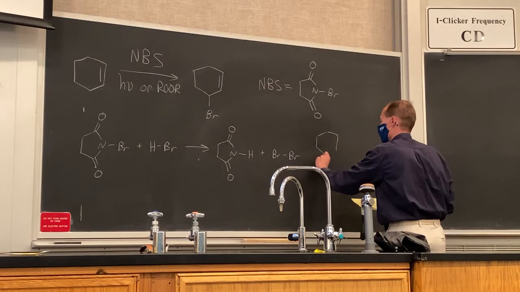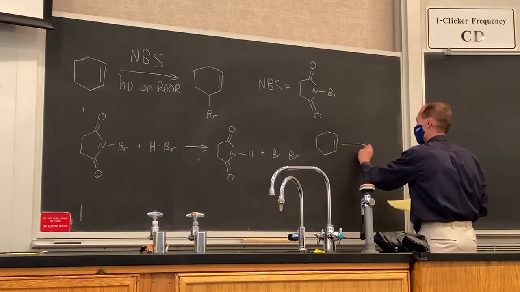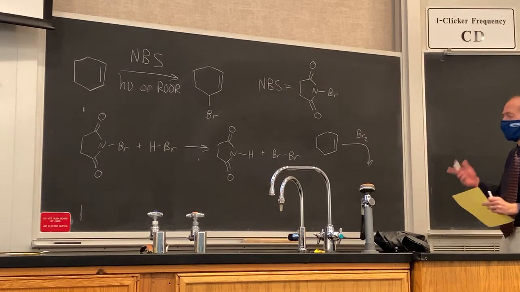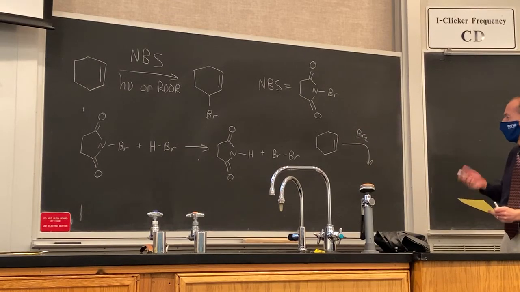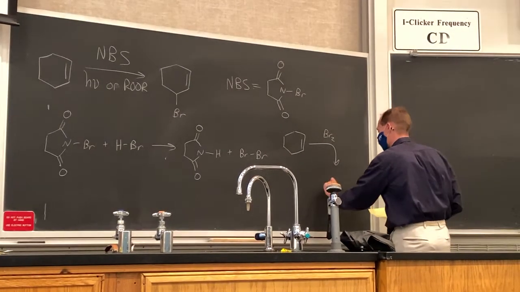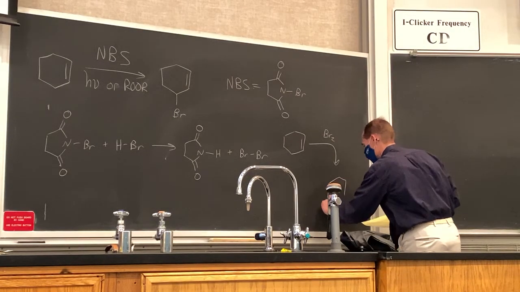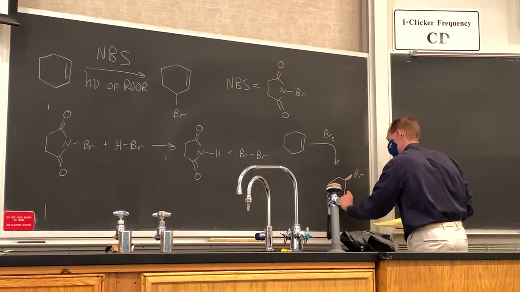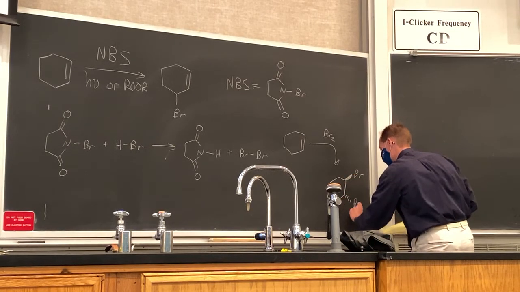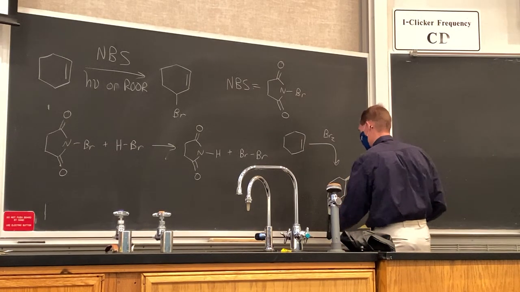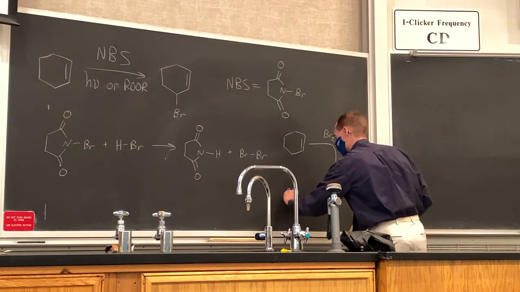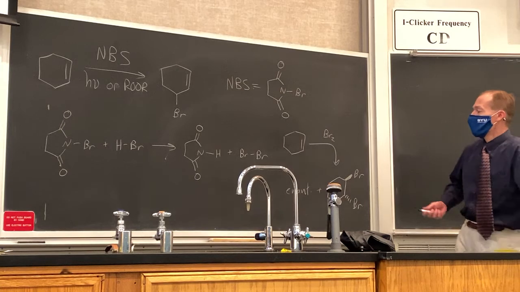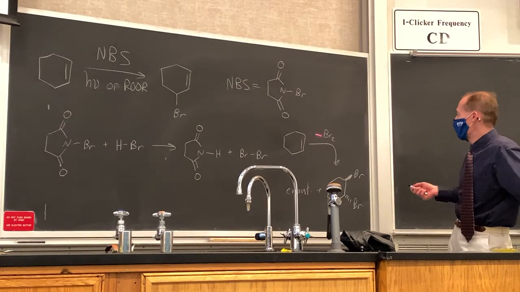So if we have a large concentration of bromine, we're going to do a direct halogenation of that double bond. Remember, it's an anti-addition. And we'll end up with the trans dibromide. That's chiral. So we're going to form the enantiomer as well. So if we have a large concentration of bromine, this is what will happen.